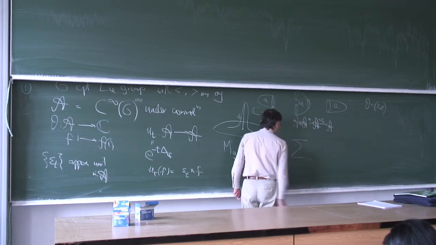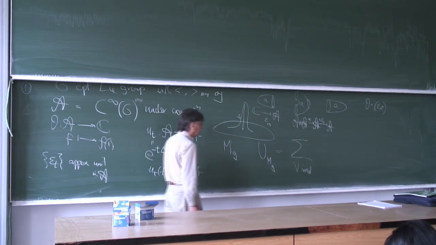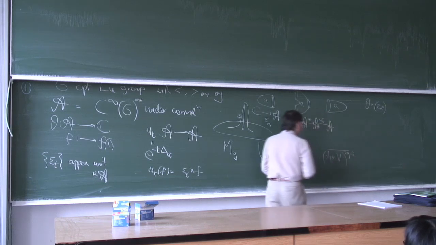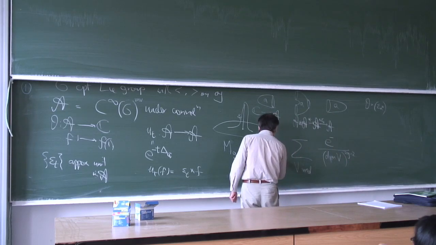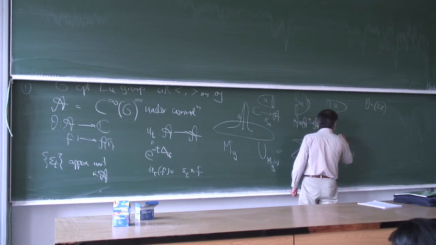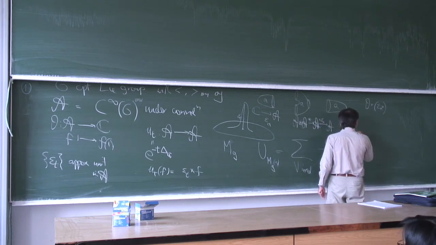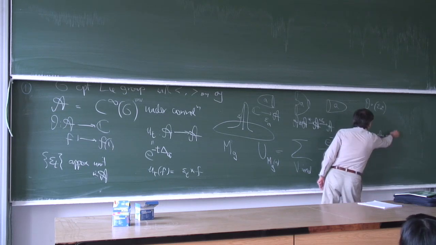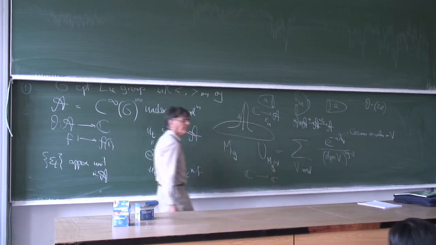It's given by a beautiful formula: the sum over all the irreducible representations of G of the dimension of the representation to the power 2 minus 2g, times e to the minus A times the Casimir eigenvalue of the representation, where A is the area. Yes, this is an operator from C to C, so it is a number.